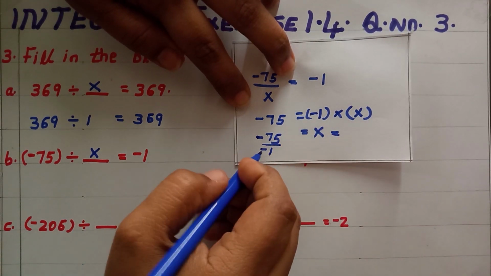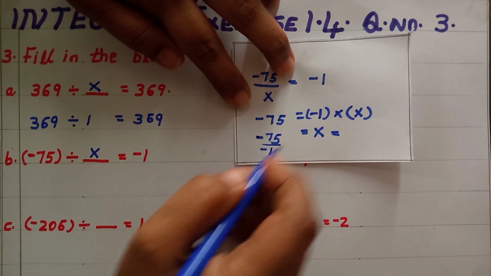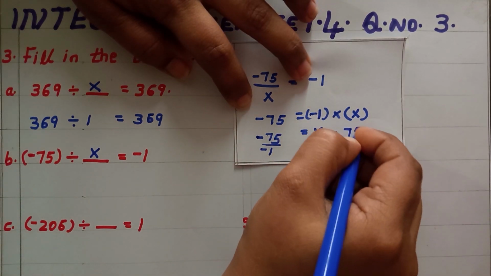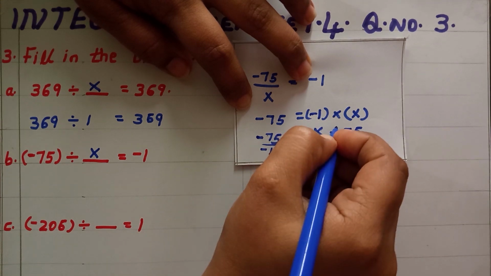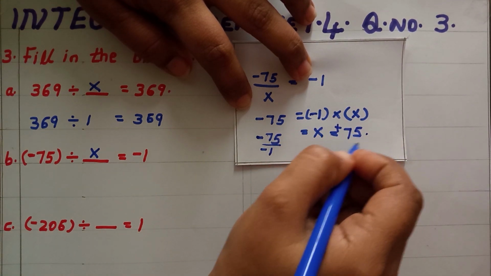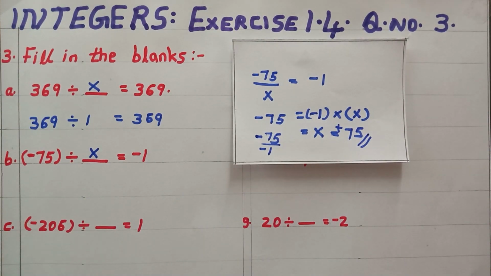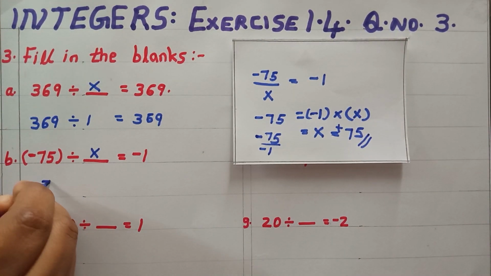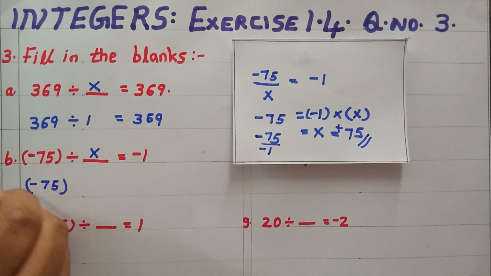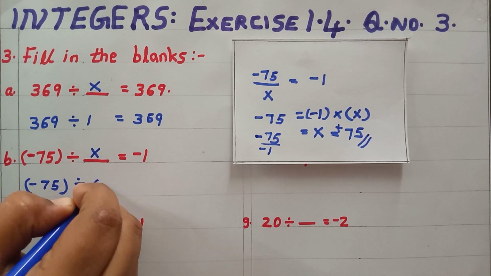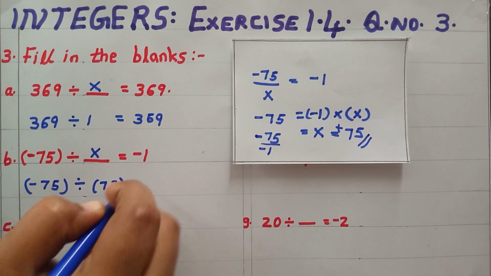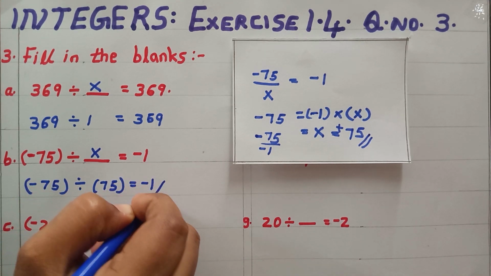Minus 75 divided by minus 1. 75 divided by 1. 75. Minus divided by minus, plus. So positive 75 is the value of x. Minus 75 divided by 75 equal to minus 1.